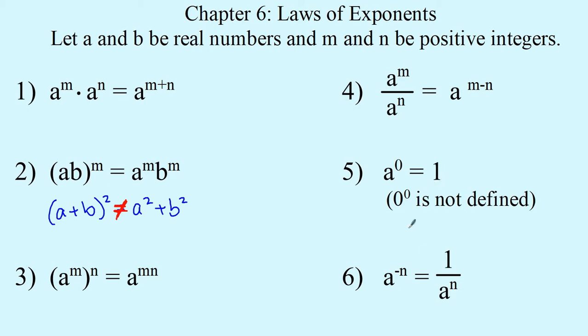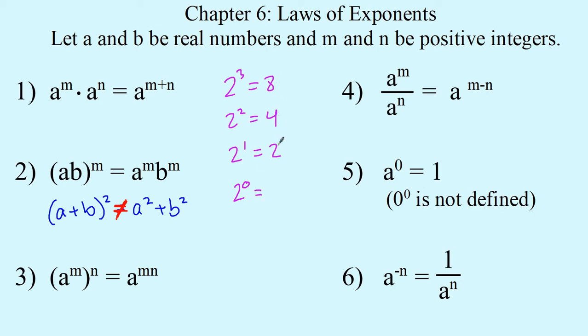If you ever forget what a negative does, I usually just follow the pattern. We know that 2 cubed is 8 and 2 squared is 4. 2 to the first power is 2. So notice I'm going down in exponents. So following that pattern, the next thing I should do is 2 to the 0.